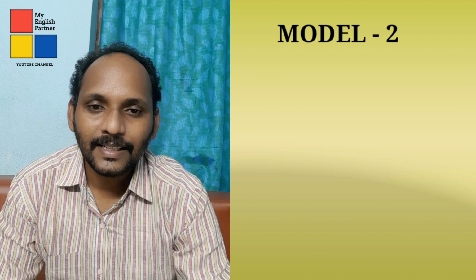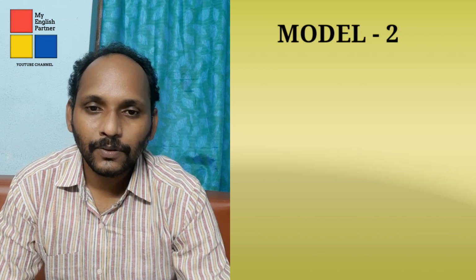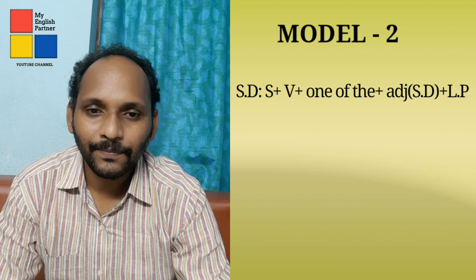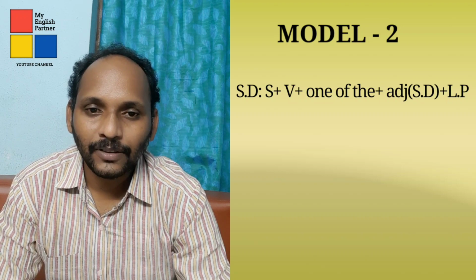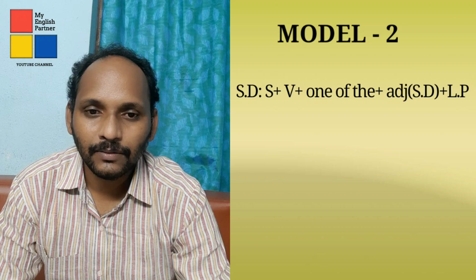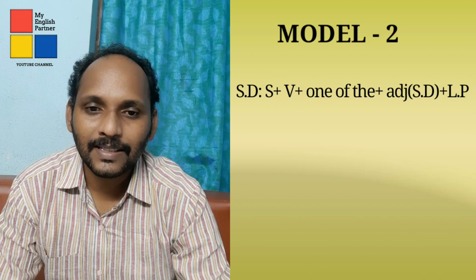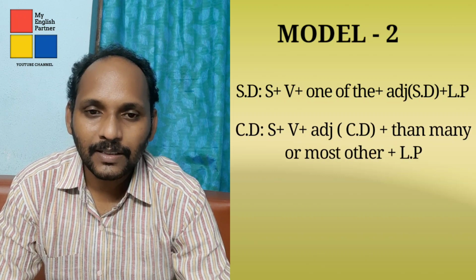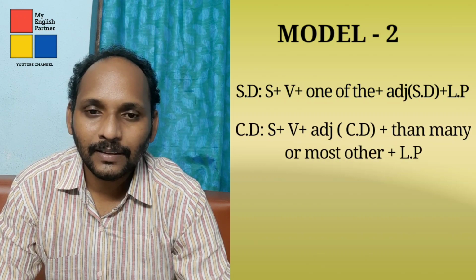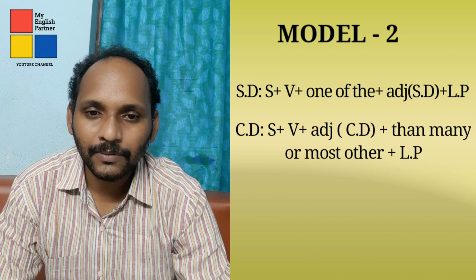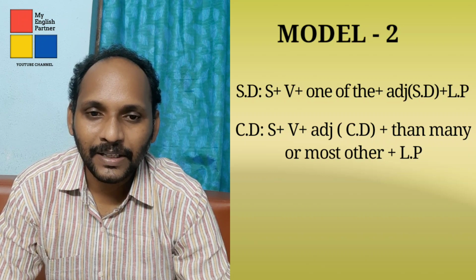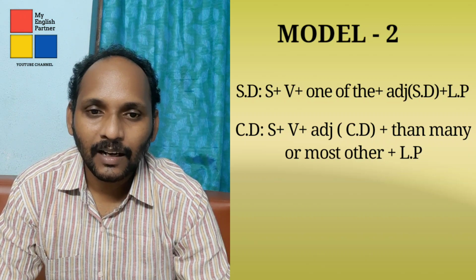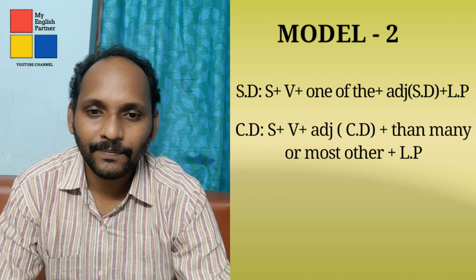The structures of the sentences are: for superlative degree, subject, verb, "one of the," adjective, last part of the sentence. For comparative degree, subject, verb, comparative form of the adjective, then "many other" or "most other," and then the last part of the sentence.